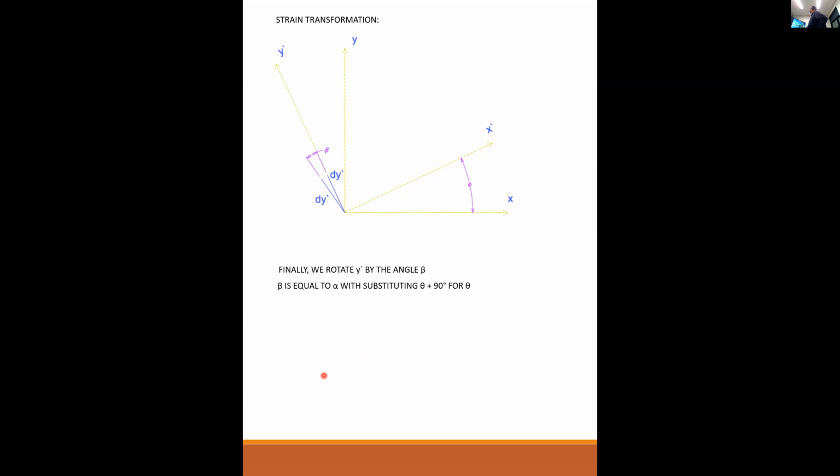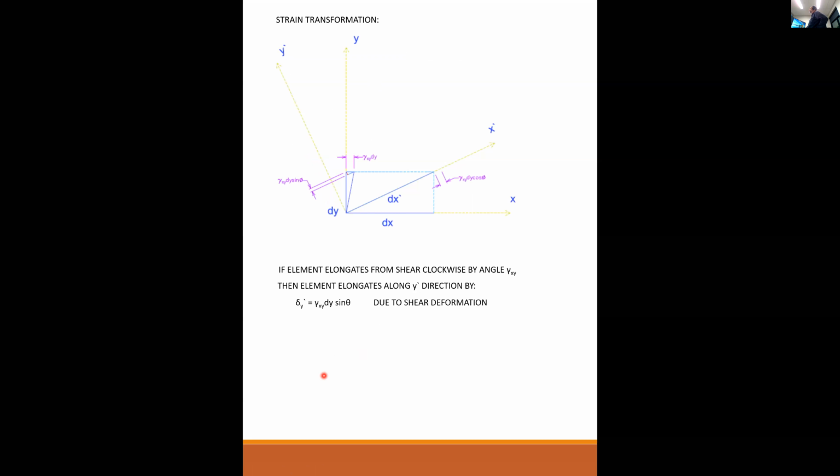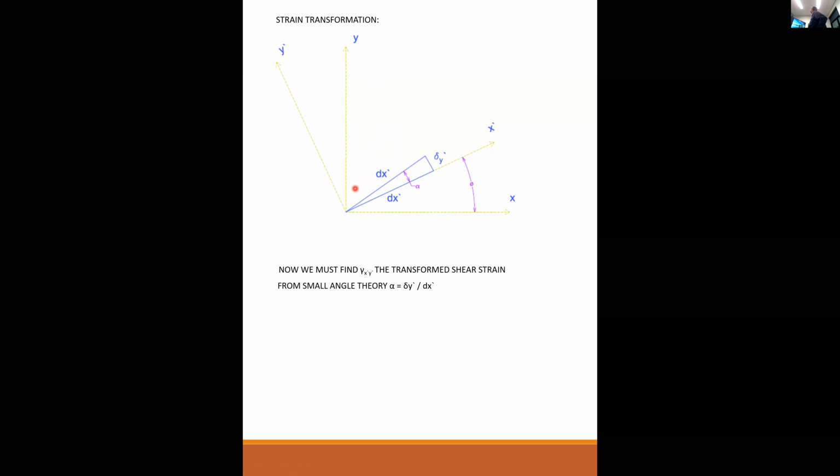Where was alpha? Alpha was not that angle. There it is. Okay, so alpha is this angle, and beta is this angle. So beta is equal to alpha plus 90 degrees. Got it.